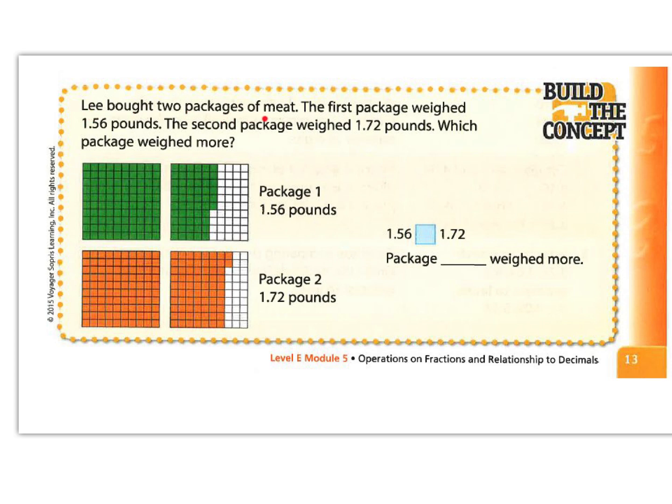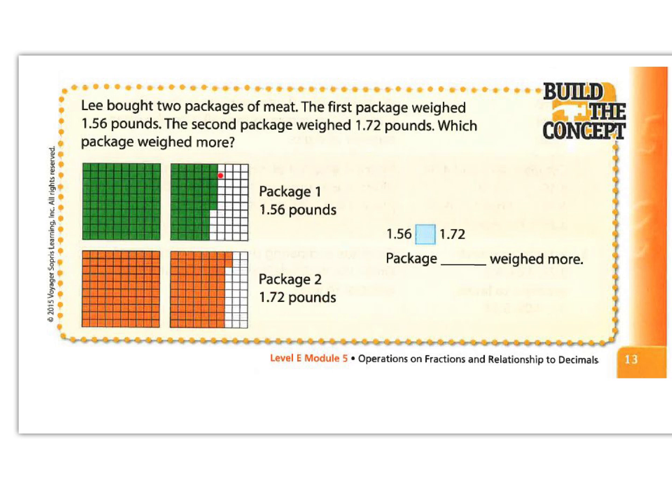Lee bought 2 packages of meat. The first package weighed 1 and 56 hundredths pounds. The second package weighed 1 and 72 hundredths pounds. Which package weighed more? Here we have a nice diagram that they made for us. Package 1 is 1 and 56 hundredths pounds. Package 2, 1 and 72 hundredths pounds.